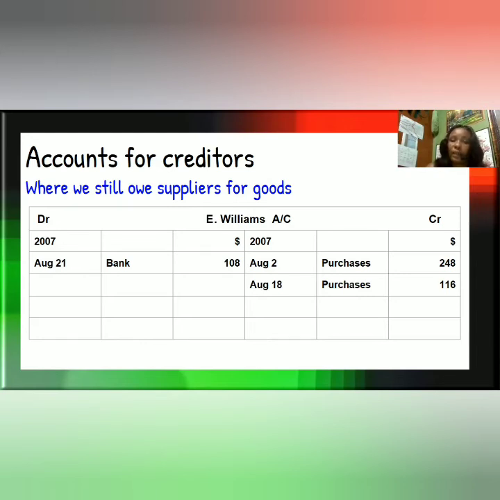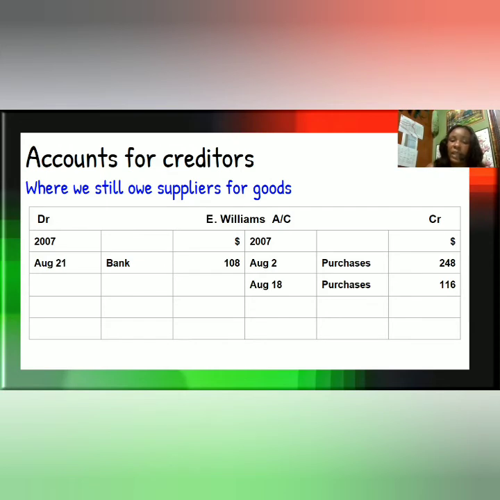And so August 2 purchases 248, which means that on August 2, we bought goods from E. Williams 248, and if you realize it's on the E. Williams credit side because the goods is coming out of his account to come to us. So on his credit side, we record the purchases. On August 18, purchases 116.